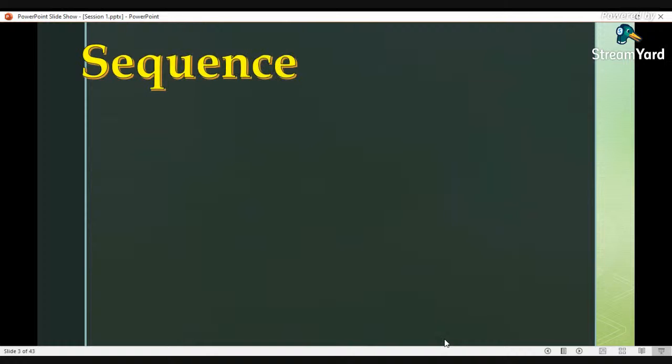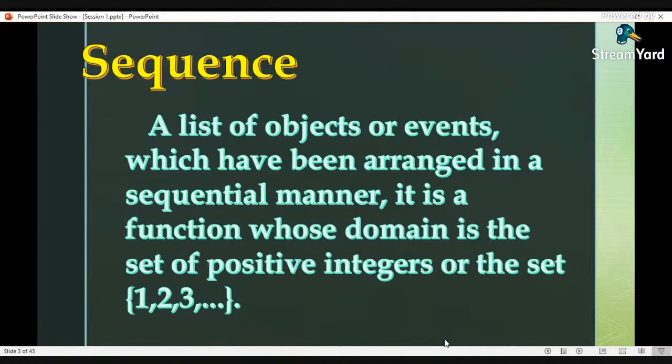Okay, so let's start. What is a sequence? A sequence is a list of objects or events which have been arranged in a sequential manner. It is a function whose domain is the set of positive integers, or the set 1, 2, 3, and so on.